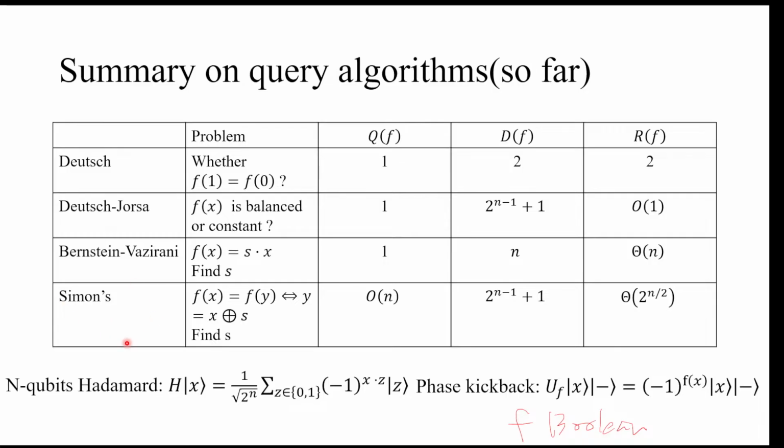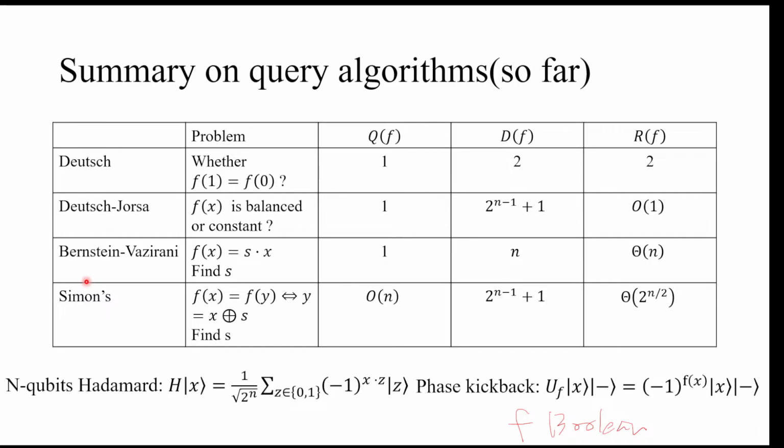In Simon's problem, f has hidden collisions, so f is actually n bits to n bits, and there is a hidden matching parameter s, and we want to find this s such that when x equals y plus s, f of x equals f of y, so we have a collision.